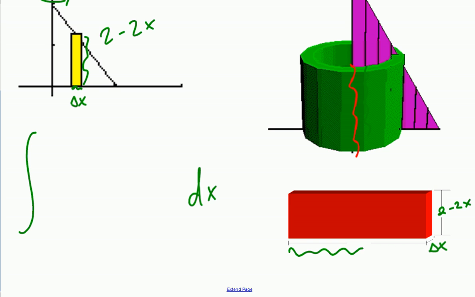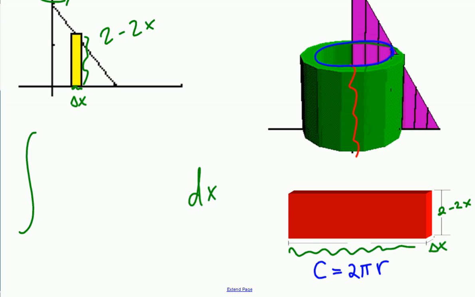And then our width of our rectangular prism, or our shell that's flattened out, if you look at where that width comes from, it comes from laying this guy flat, which is just the circumference. The circumference of a circle is 2 pi r.